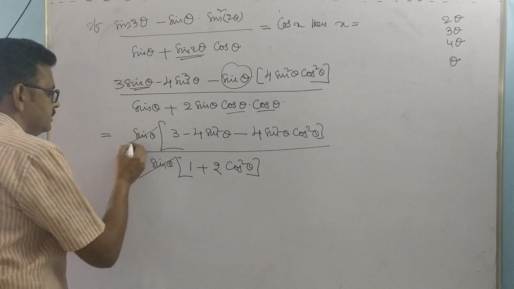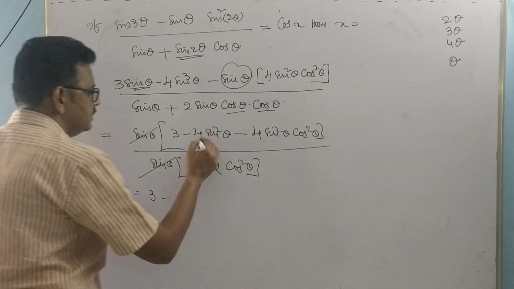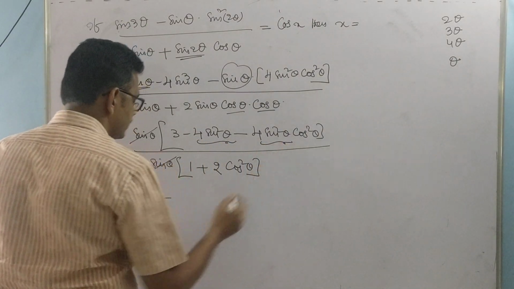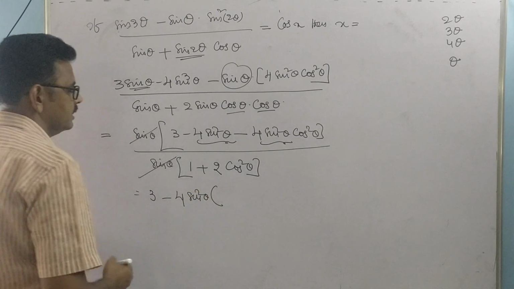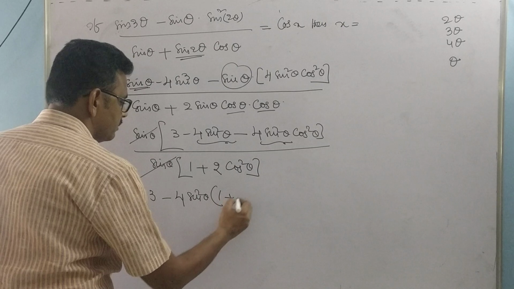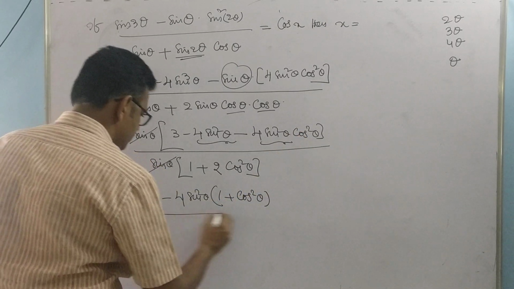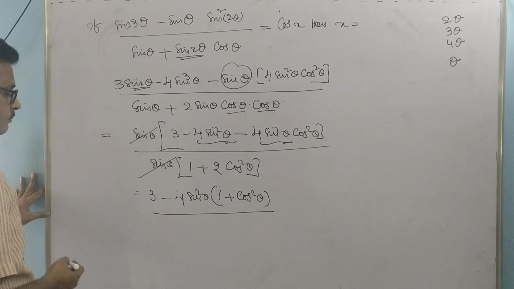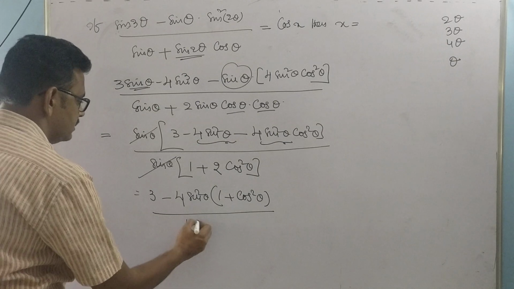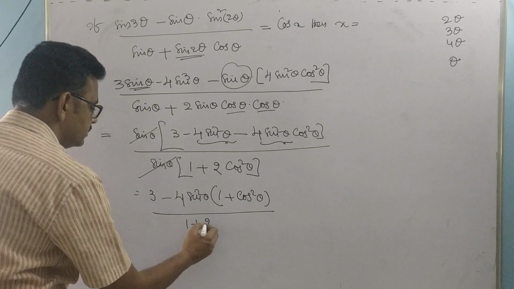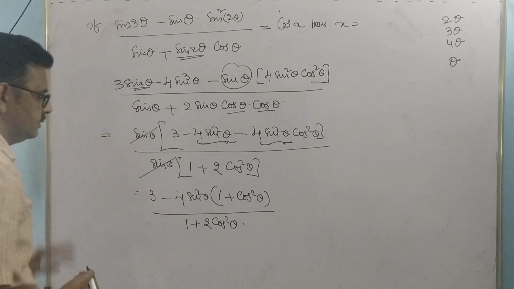So sin theta gets cancelled. So that is equal to 3 minus these 2. Again we have to take 4 sin square theta common, that is 1 plus cos square theta by 1 plus 2 cos square theta.